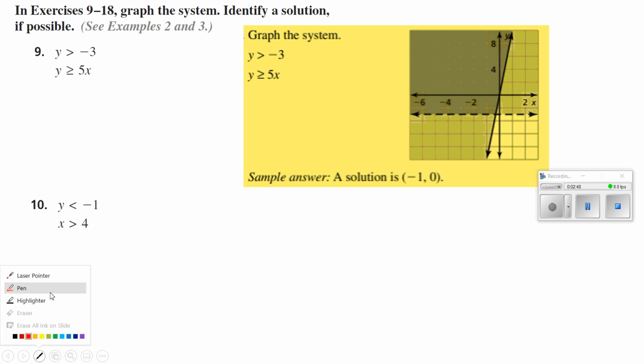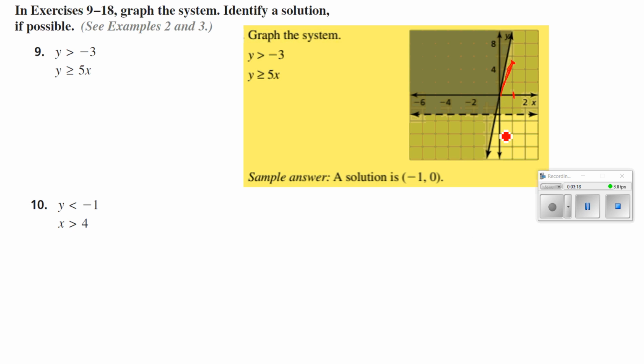The book is wrong here, because it says it has a slope of 5, which means I would have to go up 5 and over 1. It does go through my origin, but look, this is 4, so 5 would have to be here, and this is 2, so 1 would have to be here, which means going up 5 and over 1 would actually put me here. So my line should be going like this.